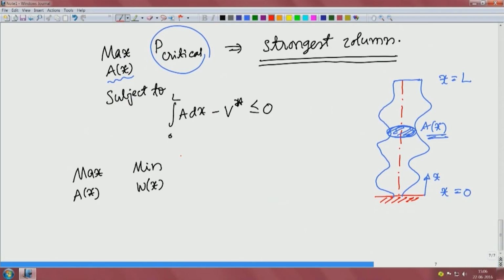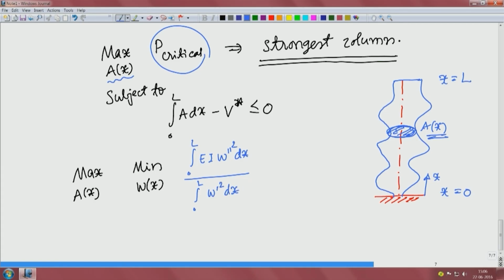So, the Rayleigh quotient is integral 0 to L of E I W double prime square dx divided by integral 0 to L of W prime square dx.